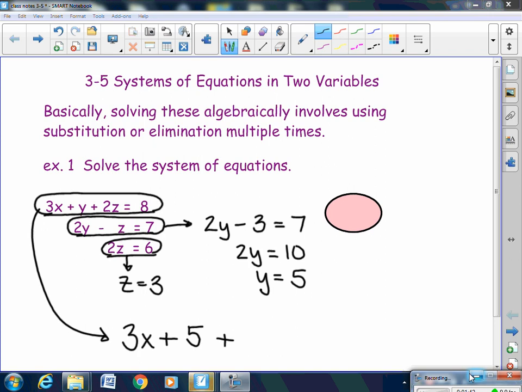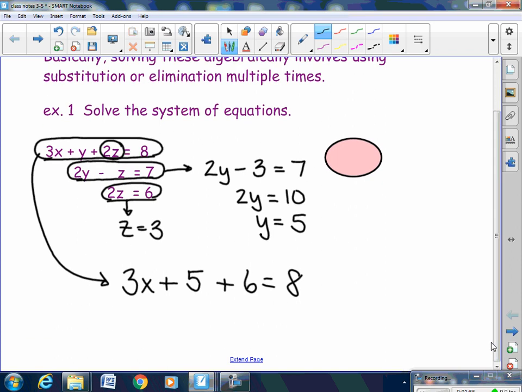And in place of z, I'm going to put 3, but it's 2 times z, which makes it 6, equals 8. Now I can solve for x. 3x plus 5 plus 6 is 11 equals 8. So 3x equals negative 3, so x equals negative 1.